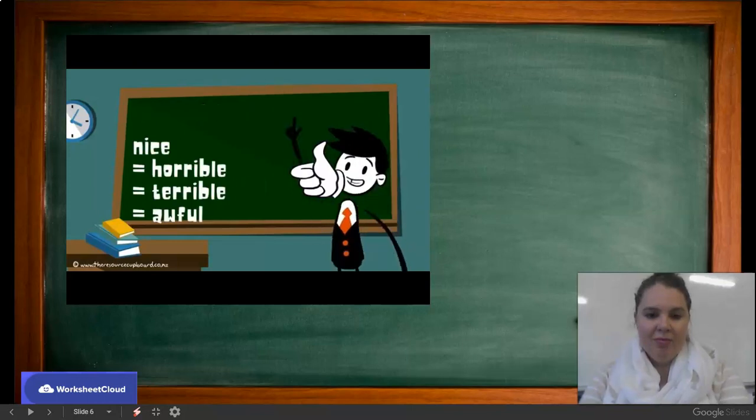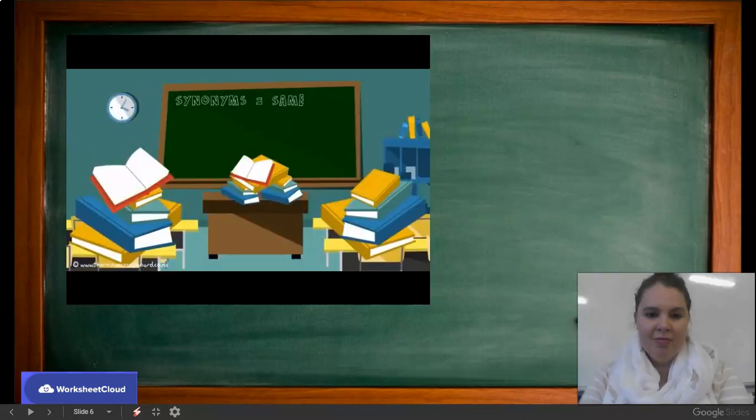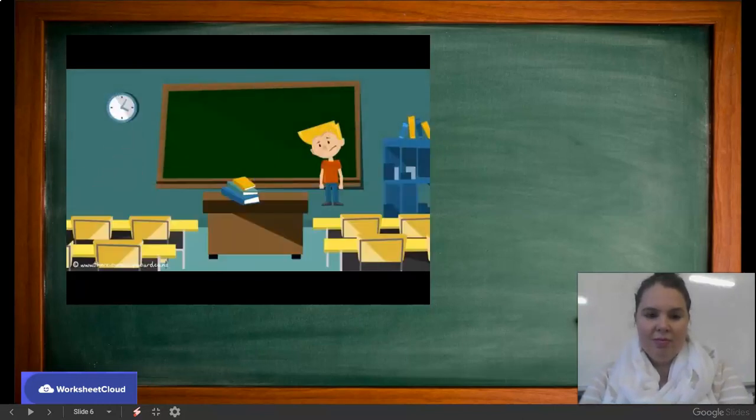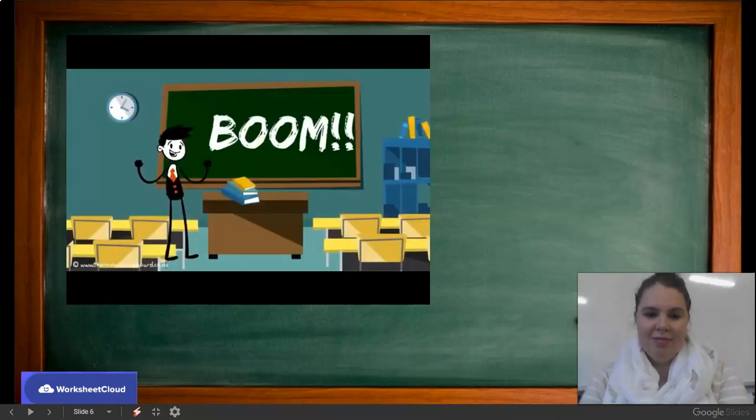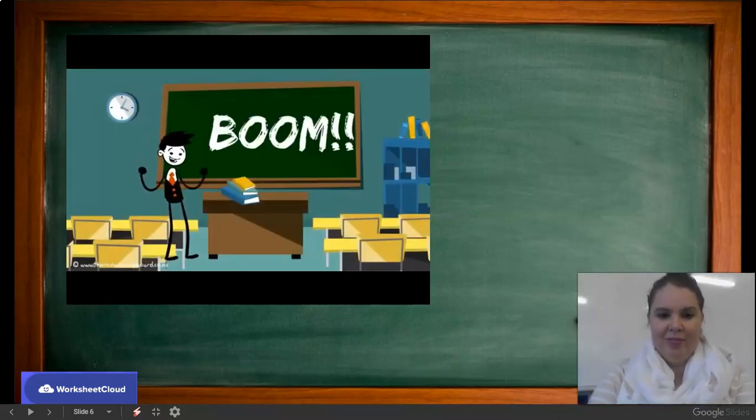They are antonyms. Yes, sirree. Synonyms are different words, but they mean the same thing. Antonyms are words that mean the opposite. So, next time your teacher asks you to write synonyms or antonyms, you'll be able to say, yes, sirree, I sure know how to do that.